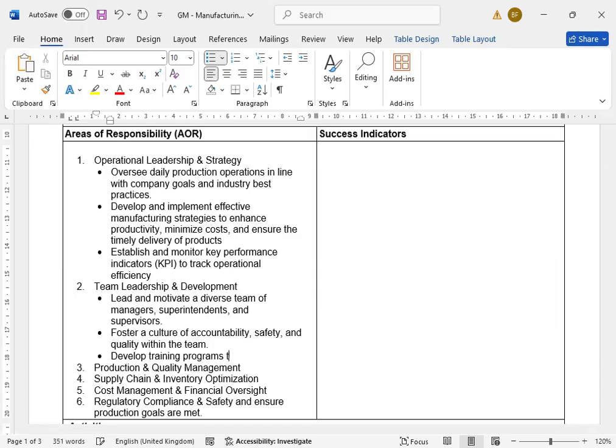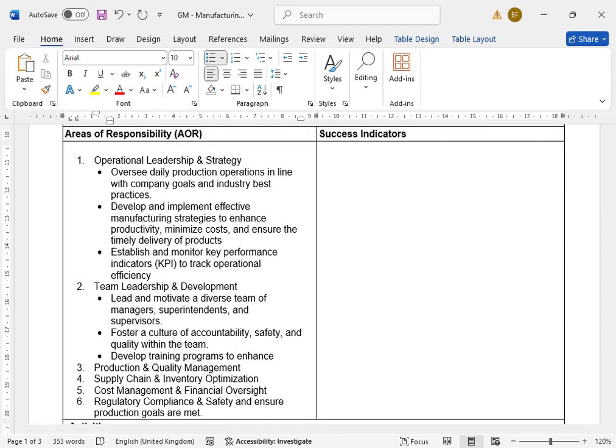The training programs enhance the skills and the knowledge of the people. It is a continuing process, the provision of training programs to provide competency.